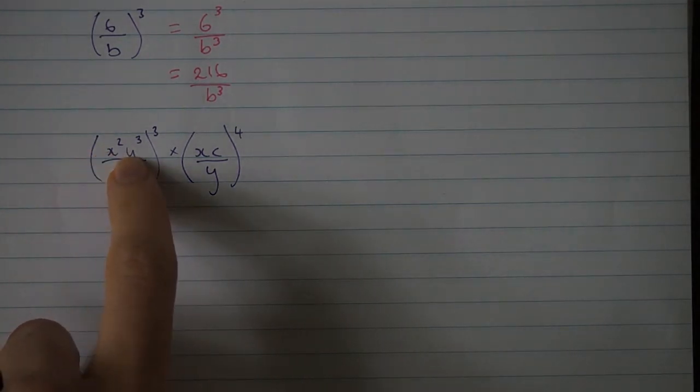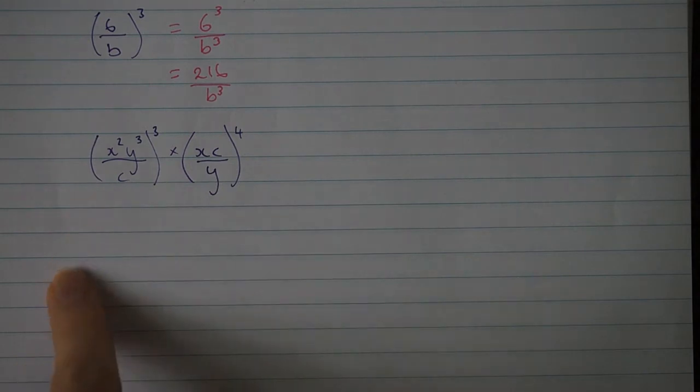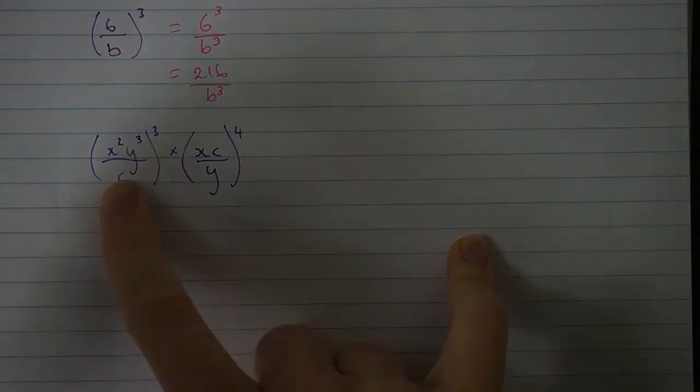So we've got x squared y cubed over c all to the power of 3 multiplied by xc over y all to the power of 4. So I'm just going to look at my first term here, and I'm going to separate. So I've got x squared, and I've got that to the power of 3.